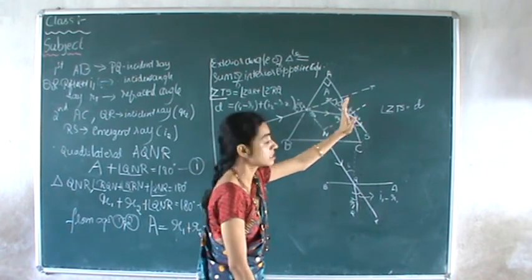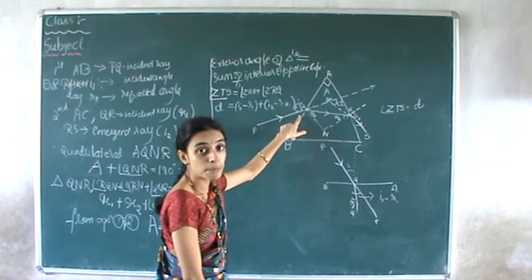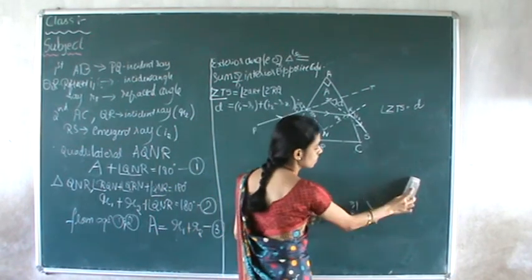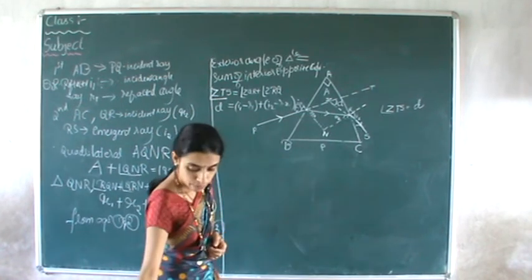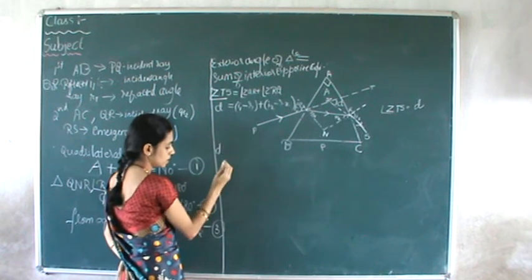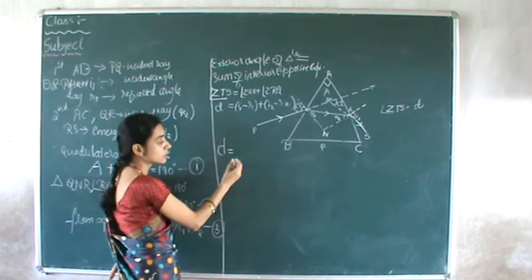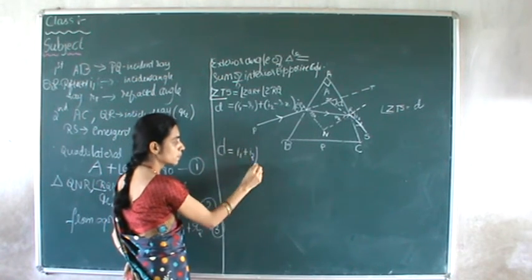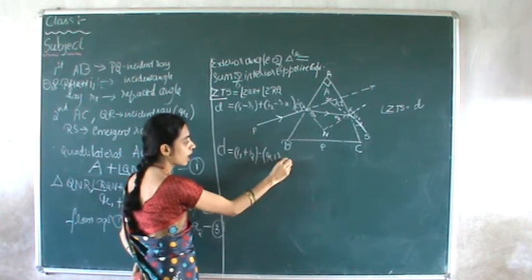Similarly for this case also, angle ZRQ will be equal to I2 minus R2. Rearrange the terms. D is equal to what? I1 plus I2 minus (R1 plus R2).